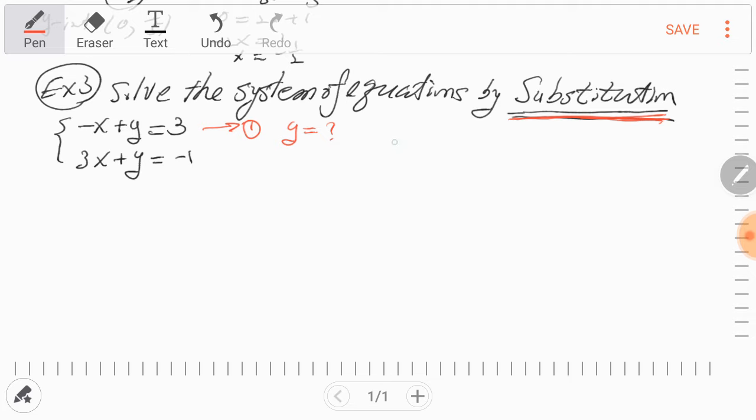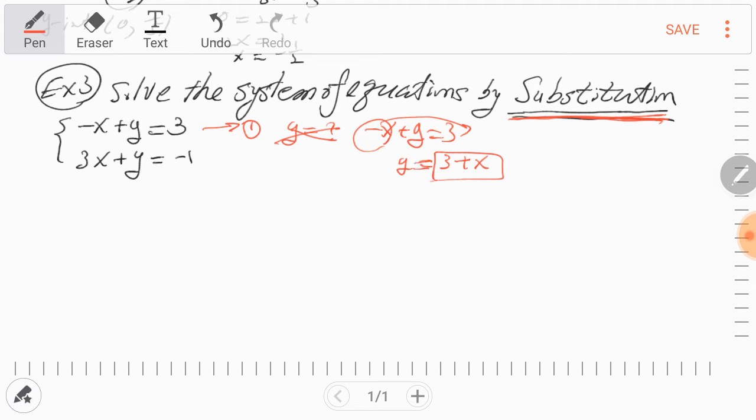So we will move negative x to the right side. Then y is equal to 3 plus x. So the expression for y is 3 plus x.